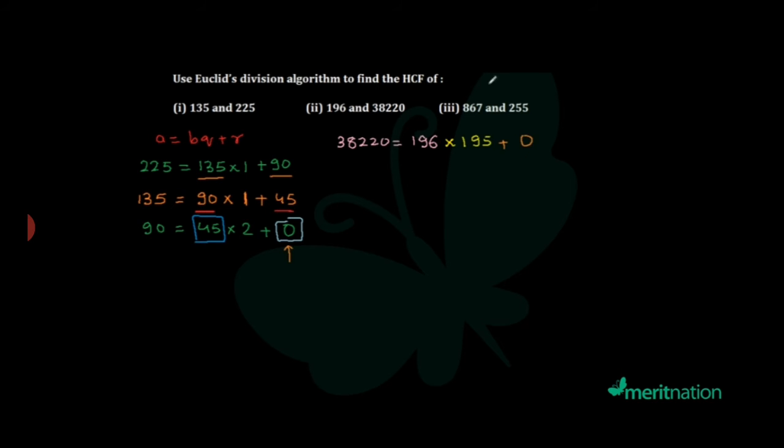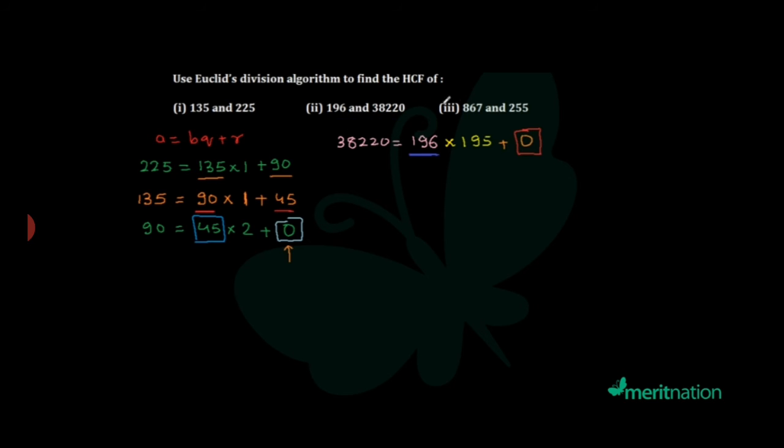So yes, what was the immediate divisor when one hits the remainder 0? What was the immediate divisor? It was 196. So yes guys, 196 is our HCF for the second part.